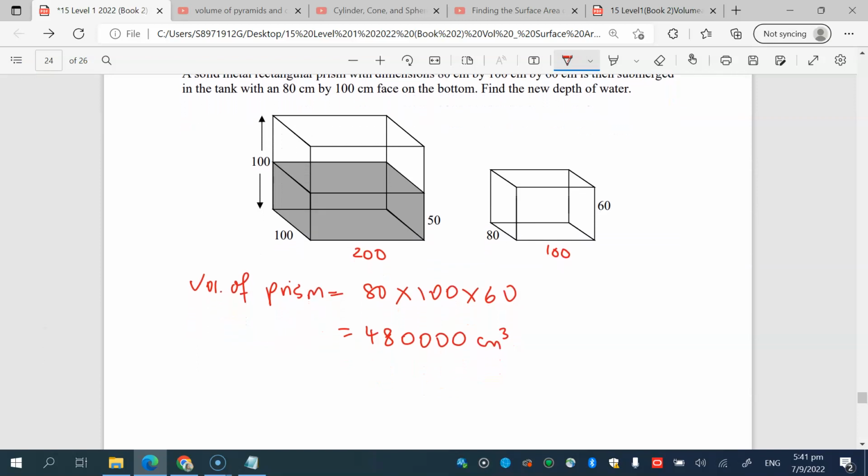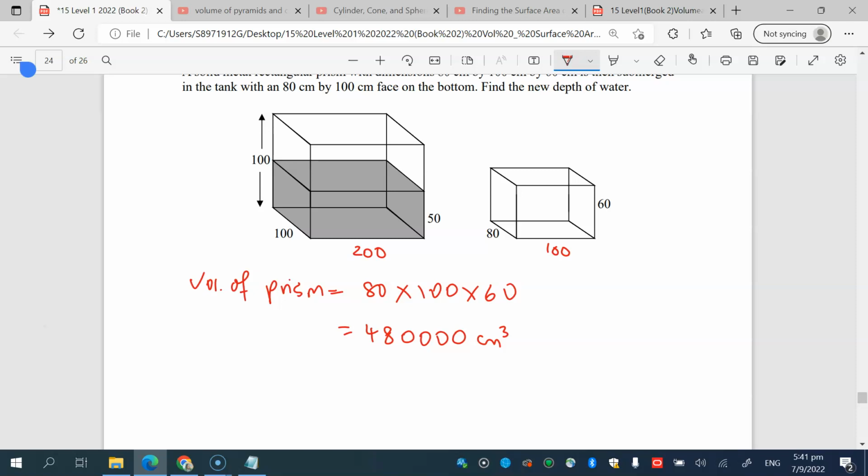Okay, and then let's find the total volume in the tank once it is submerged. So it will be 100 times 200 times 50 plus this volume.